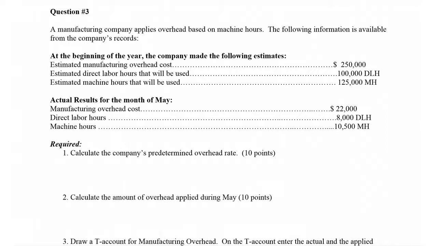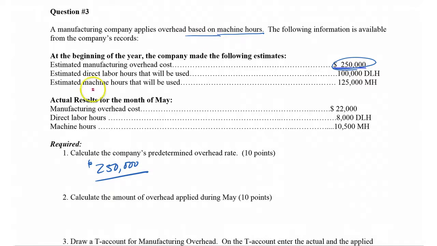So what's the key? The first thing we need to figure out is how does a company apply its overhead when it's determining a predetermined overhead rate. In this case, it says it's machine hours. So in order to figure out the predetermined overhead rate, we need to figure out what is the estimated overhead cost. So 250,000. We're going to divide that by how they allocate it, which is machine hours.